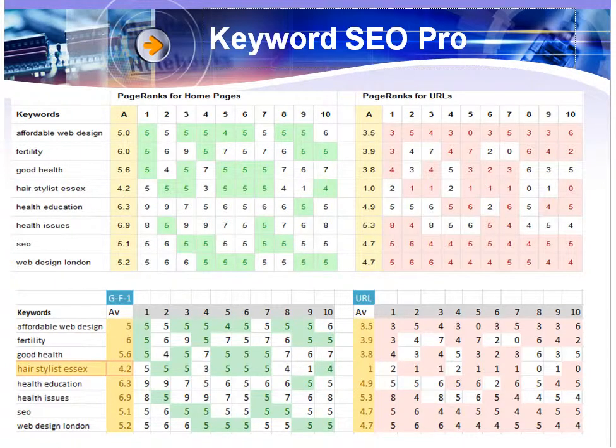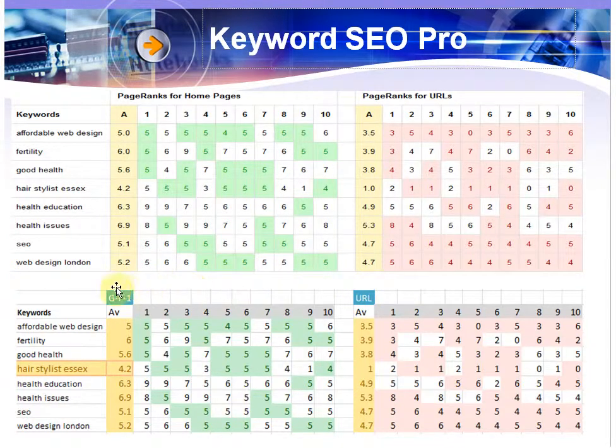Earlier in this video, I showed a typical output from Keyword SEO Pro, and I indicated that I plan to explain how these figures and the color codes were derived.